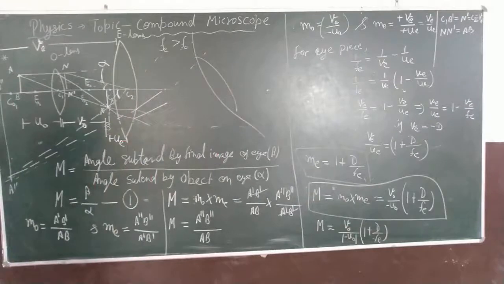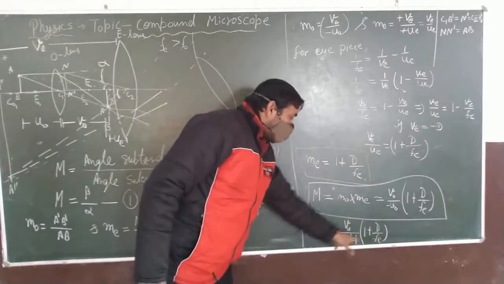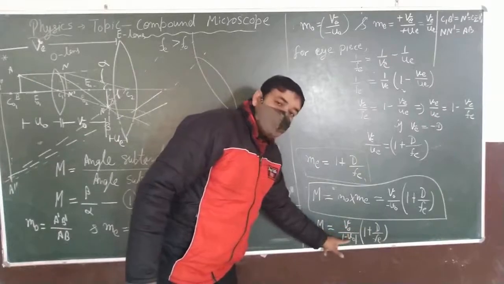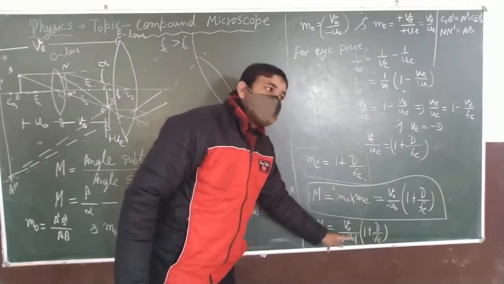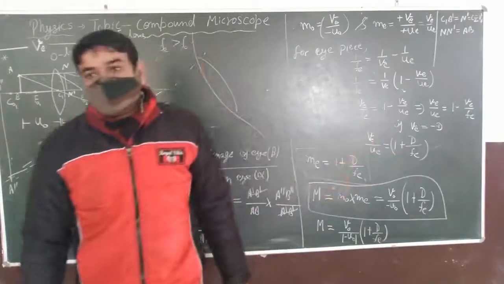Okay? Now, you can also calculate V naught upon U naught in the form of the focal length of the objective lens by using the same rule. Okay?